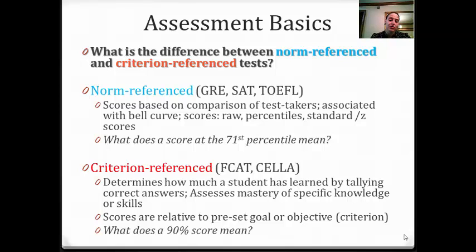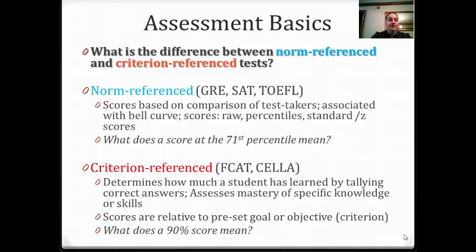These scores are usually reported as raw scores or converted to percentages. A score of 90% is what you would find for a criterion-referenced test, and that tells you the student was able to answer 90% of the information being tested correctly.